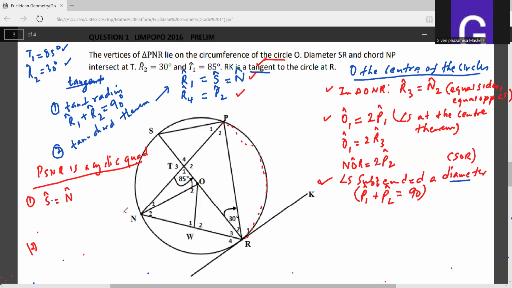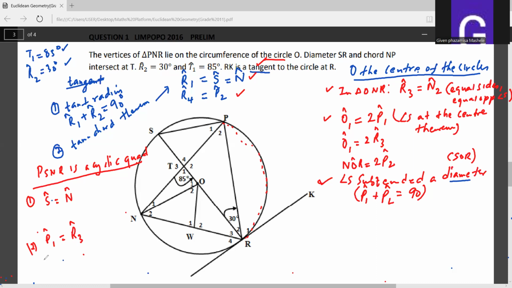It's angle R3 and angle P1, if I'm not mistaken. Yes, R3 and P1. So angle P1 equals angle R3. R3 and P1 are equal.